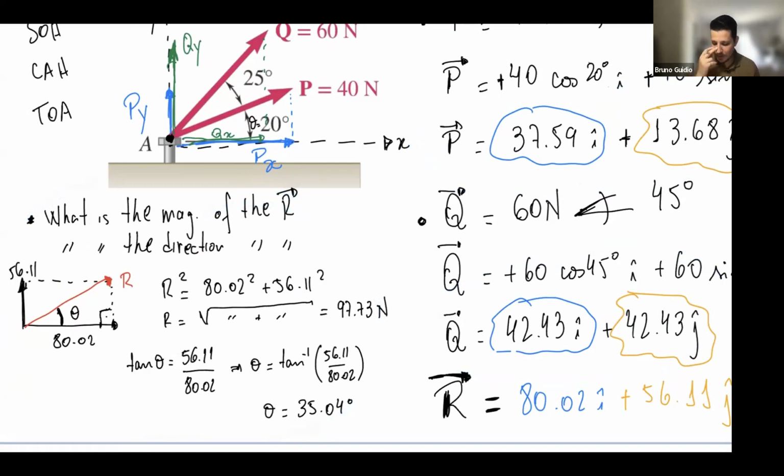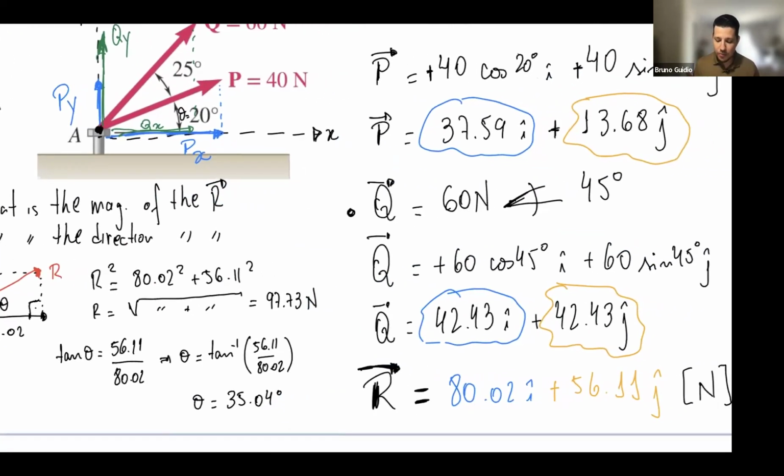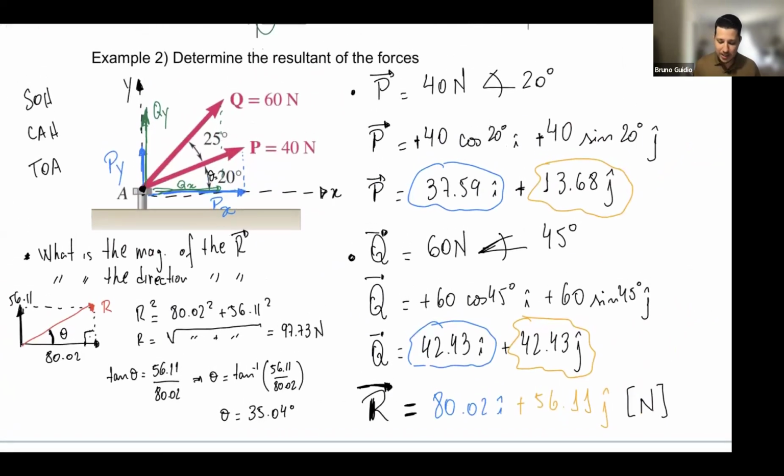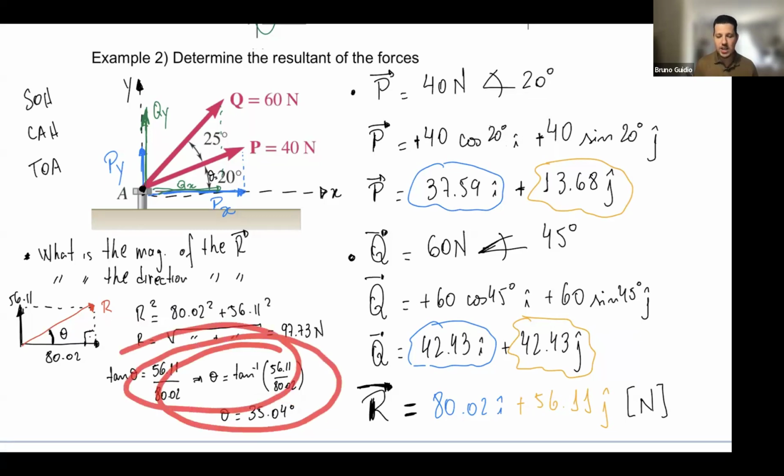And once again, guys, if you don't have time right now, go after class, try to type those things. Try to find those same numbers using the square root, squares. This one is very, very important. Make sure you got a 35.04. Maybe your calculator is in radians, not in degrees. Make sure you know how to do this calculation.